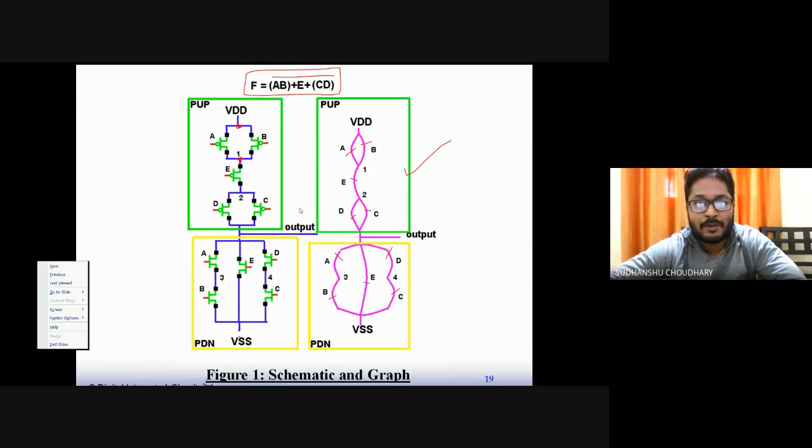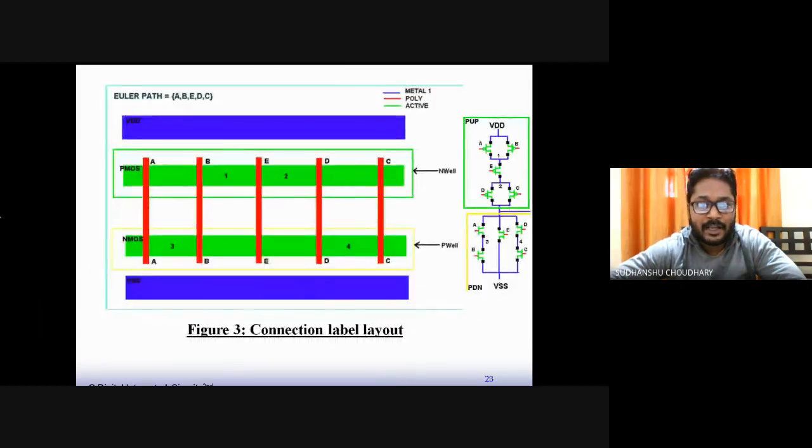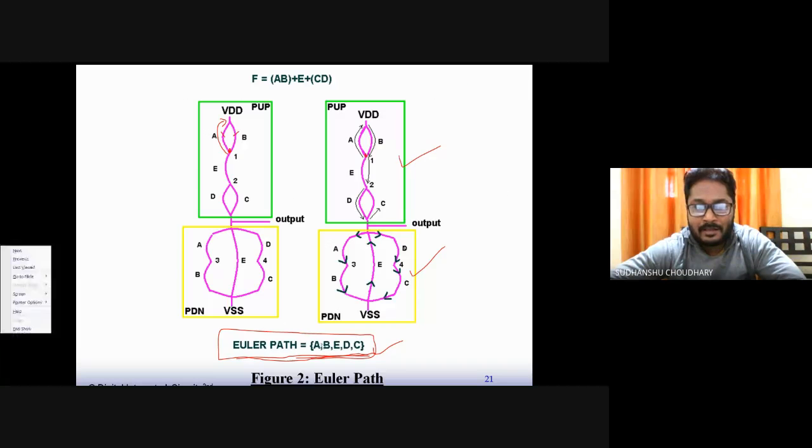So for making Euler path same so that the layout area can be optimum, one has to reshuffle the positions of the transistors in the circuit. So the Euler path gives me the ordering of the transistors in my layout. So the job is now very simple for me. I don't have to decide which transistor will be.